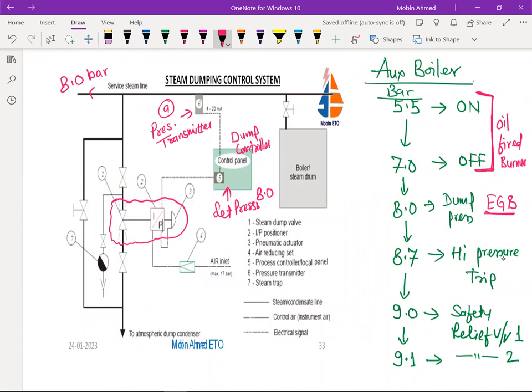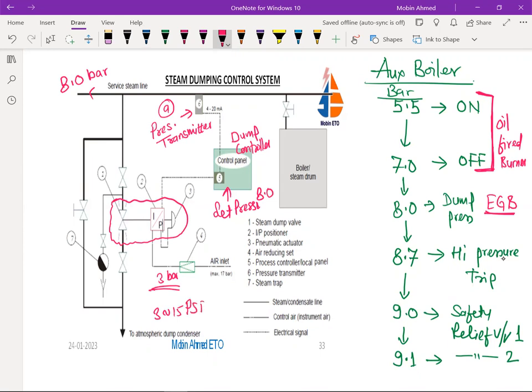So this IP converter is given an inlet, you can see here, through the reducer. So at least here it's supposed to be 2 to 3 bar, generally 3 bar, that pressure will be there after the reducer. Not much more than this is required, because 3 to 15 psi is hardly 1 bar, 1.5 bar, near about that.